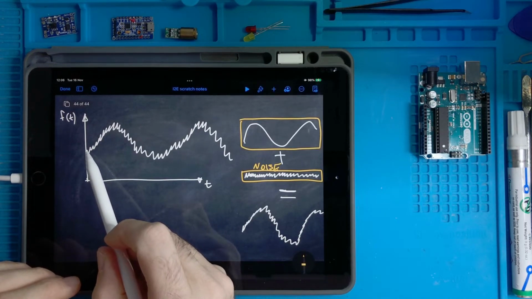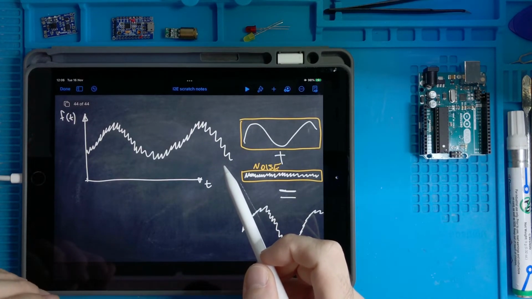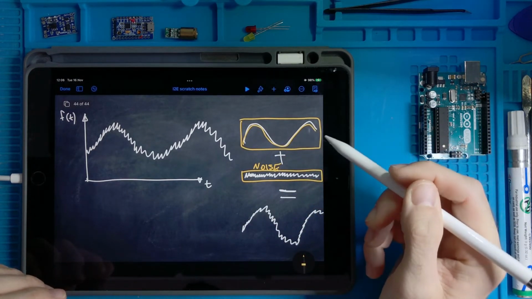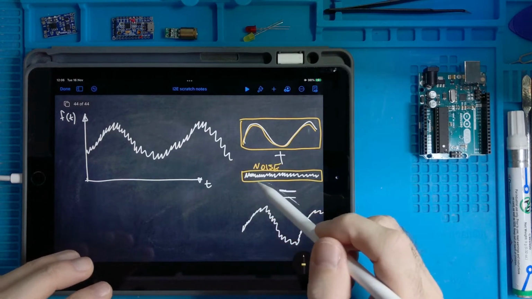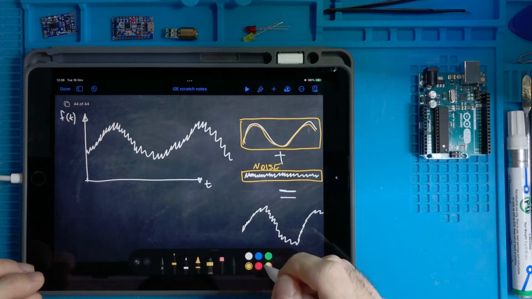If we start from such kind of signal and our goal is to recover this beautiful smooth signal out of this noise, then we can make use of a low pass filter.